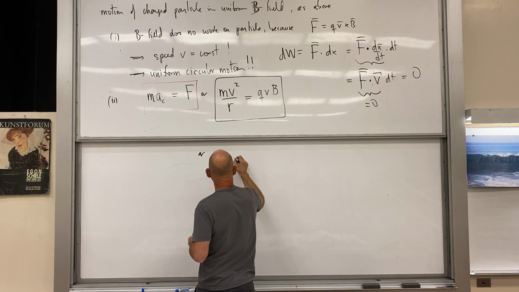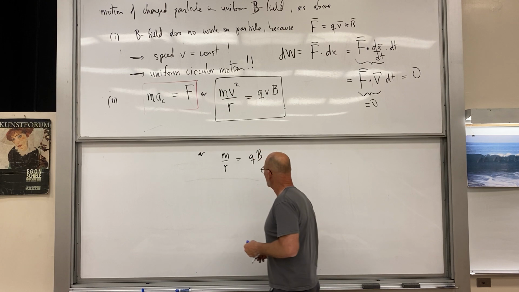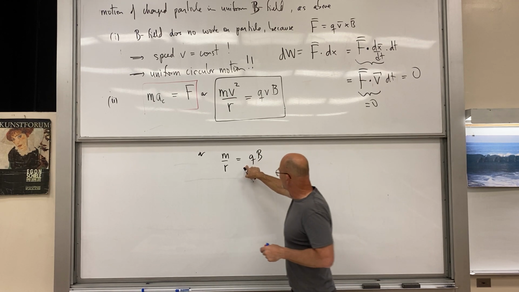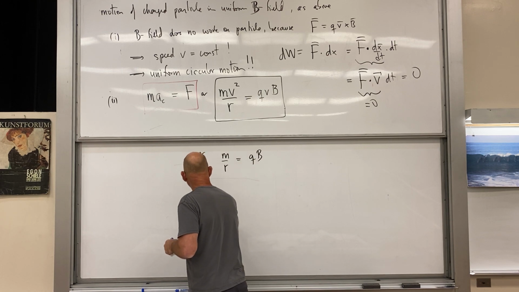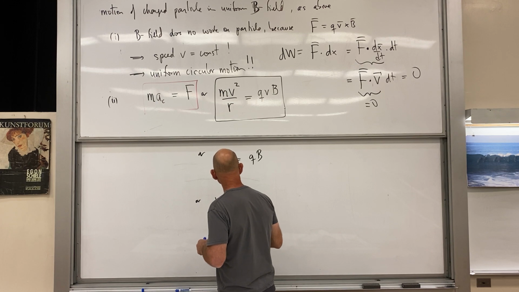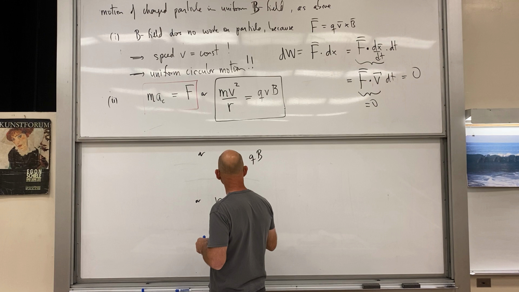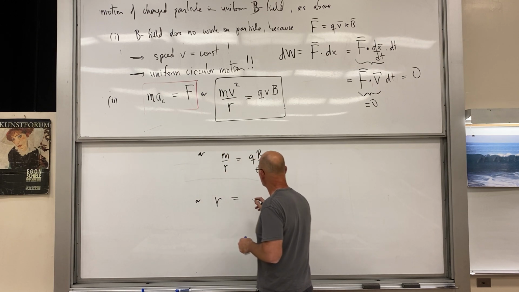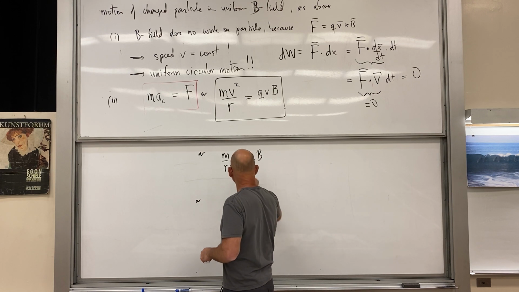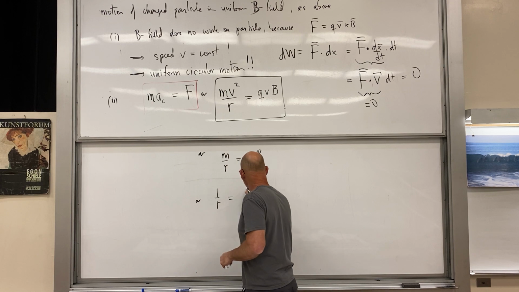M over R is equal to Q times B. But there's an important point about all of this. Let's just solve for R. R is equal to M over Q times B. Now let's just leave this like this. What I do want to show is that 1 over R is equal to Q over M times B.